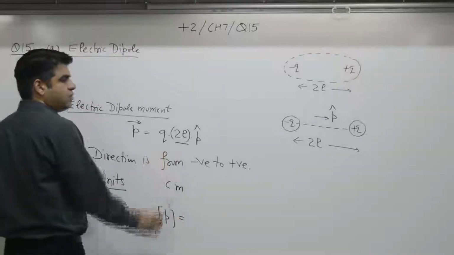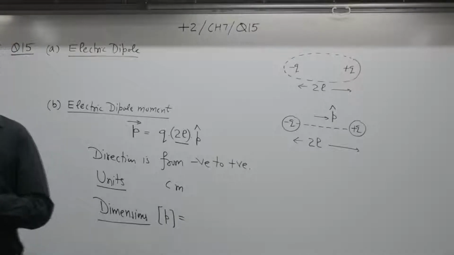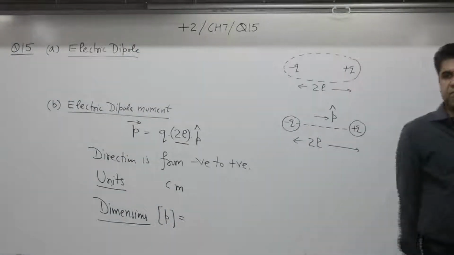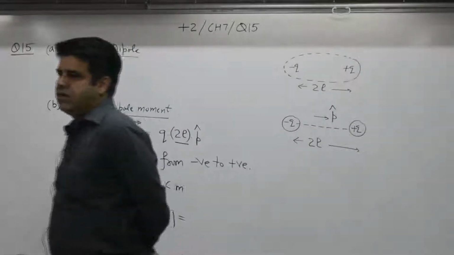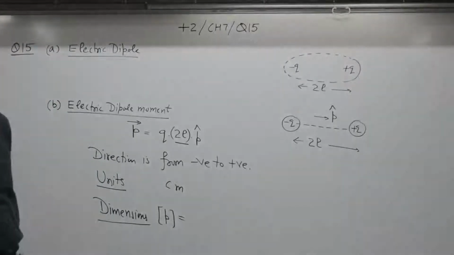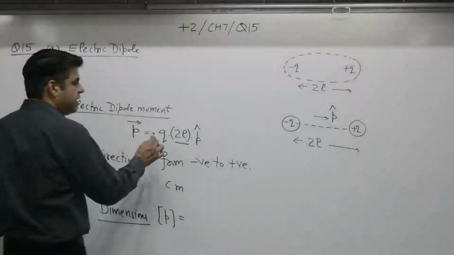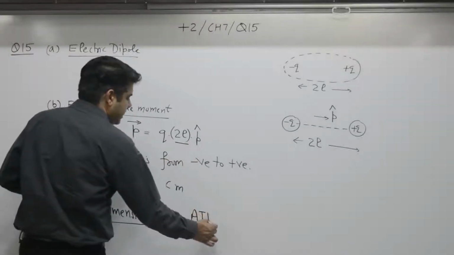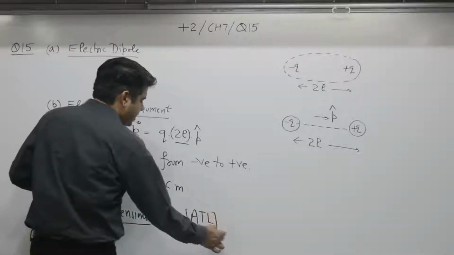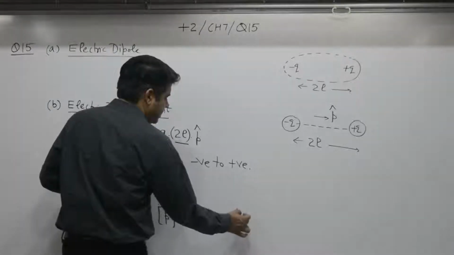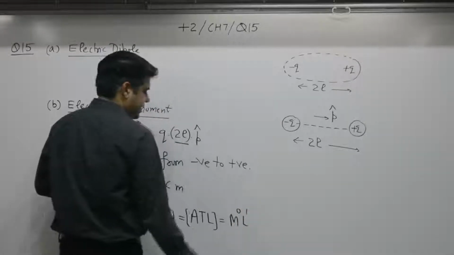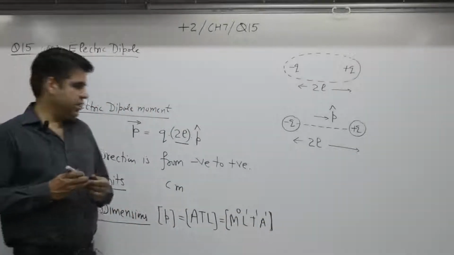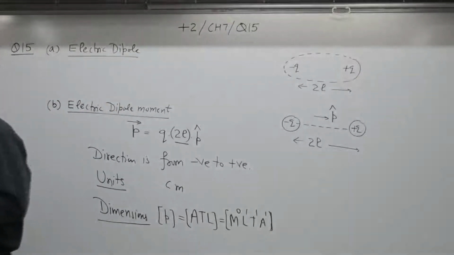What is the dimension of charge? In +1 chapter 1, the fundamental quantity is current. What is the unit of current? Yes, ampere. Charge is ampere into time, A into T. Distance is length. So if you combine all these, the dimensional formula is M0, L1, T1, A1.